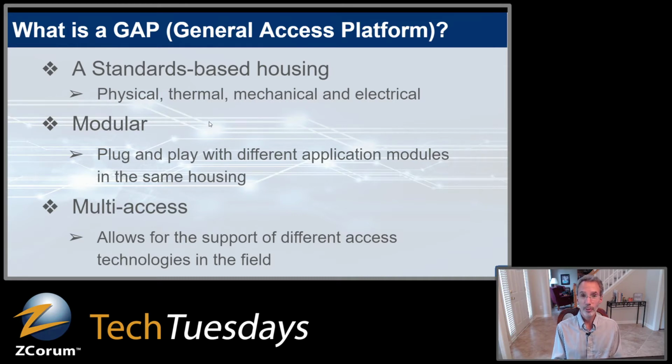It could be the last housing that they ever put in a particular place because it'll be flexible and expandable. So it's kind of future-proof, because you're not sitting there with a housing that's supporting a technology that could be out of date at some point. You've got this housing out there that you can flexibly change out the capabilities or add capabilities in the future.